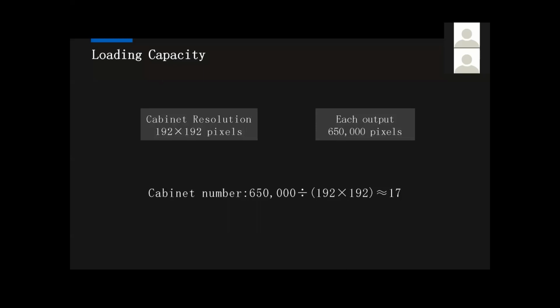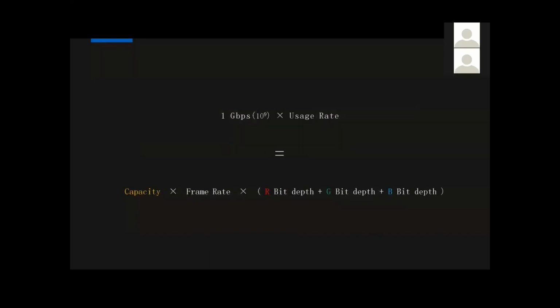And someone may ask, where does that 650,000 pixels come from? Actually, there's a formula we use when we design the system and do the calculation. On the top of the formula, because we're transmitting video signals, and the connection between the sending card and your screen is a standard Cat5e or Cat6 Ethernet cable, the bandwidth of the Ethernet cable is 1 gigabit per second.